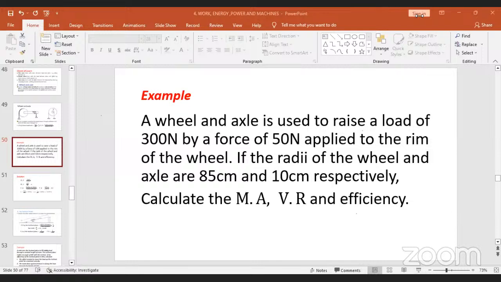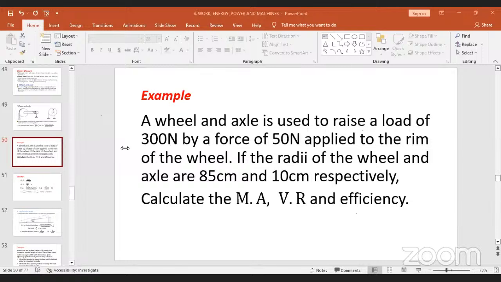I can see a few answers here. Mechanical advantage, Terence, 6, velocity ratio 8.5. Victor Kibet, I don't know whether this one is for this question, 70.58%. Ryan Duku, mechanical advantage 6, velocity ratio 8.5, efficiency 70.59%.